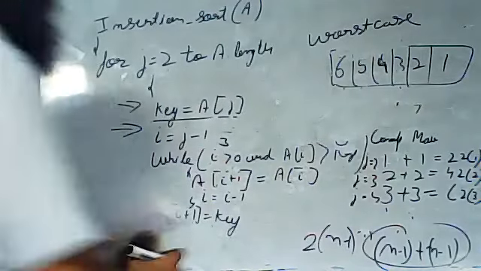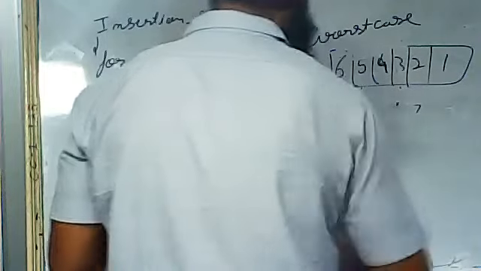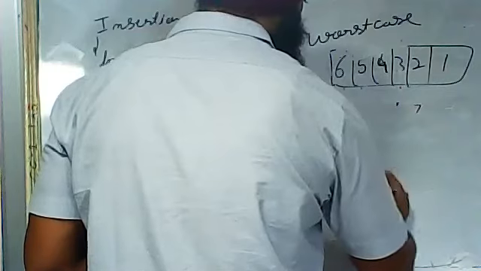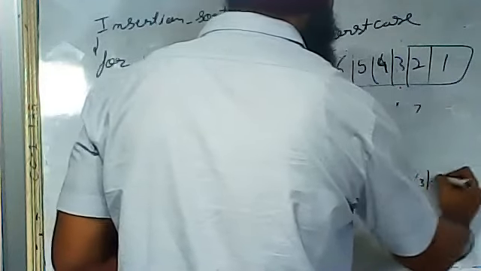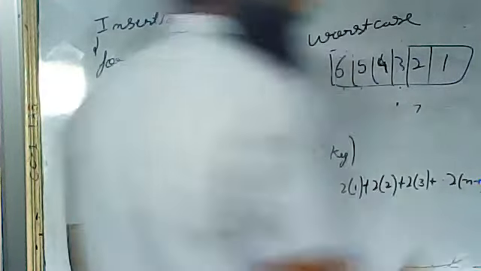Is it okay? Now if I write this n times, this will become 2 plus this up to 2 of n minus 1.